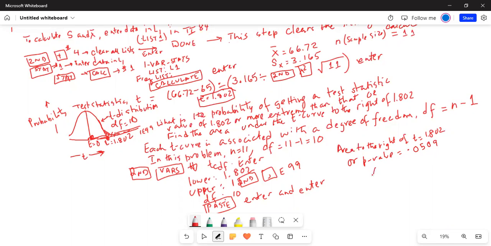Compare that with alpha equal to 0.05. So P is slightly greater than alpha. Decision: do not reject H0.